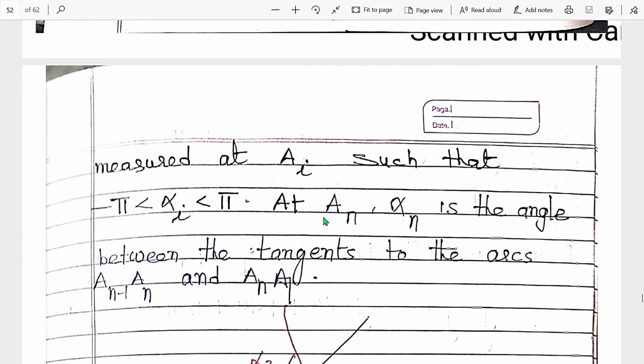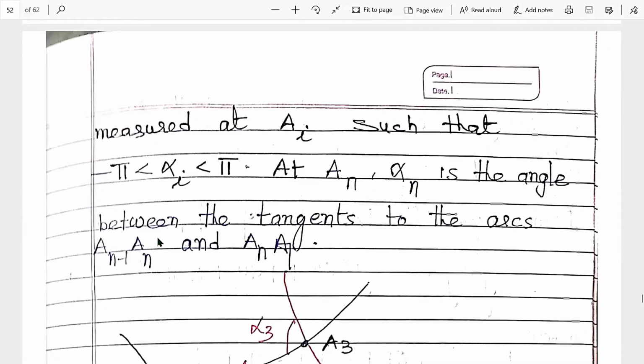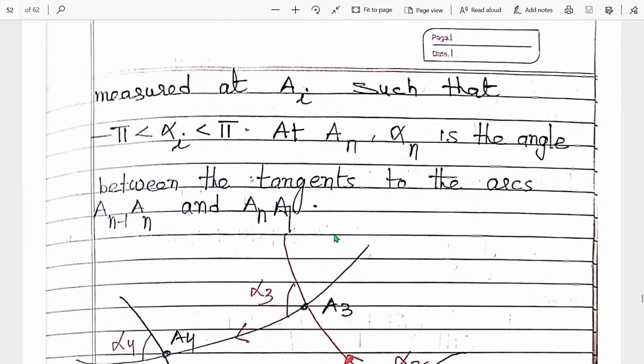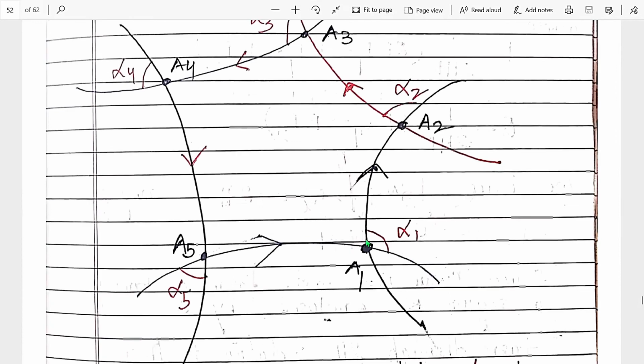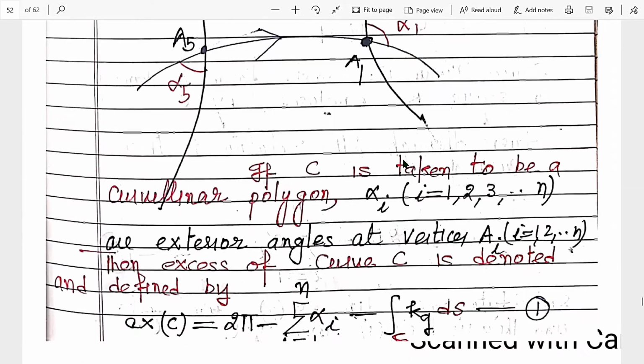Now alpha n is the angle between the tangents to the arcs An minus 1 An and A1. As we took alpha 1, this is the last curve and this is the first curve, so that is the angle between the tangents of the two curves.